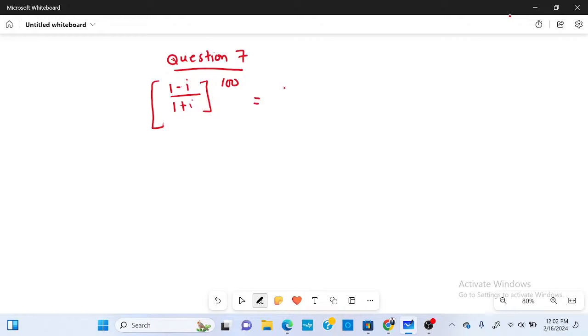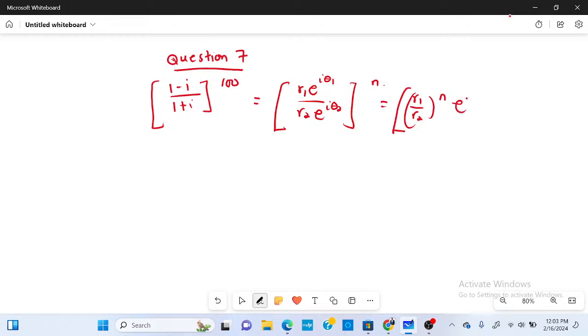We can refer from properties of complex numbers that if you have two complex numbers, r1 e to the power I theta 1 over r2 e to the power I theta 2, all these to the power n, then the properties of polar form will say that this is the same as r1 over r2 all to the power n, then e to the power I open bracket theta 1 minus theta 2 all multiplying n. Is that not it? So this is what we are going to follow to solve the problem we have here.